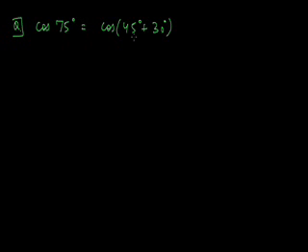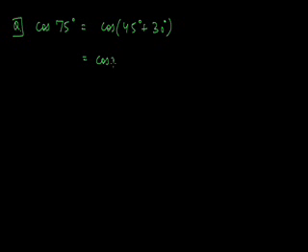So if somebody asks you to find the value of cos 75 degree, you can write it like this: cos of 45 degree plus 30 degree. 75 can be split like this. So it is the formula of cos x plus y.